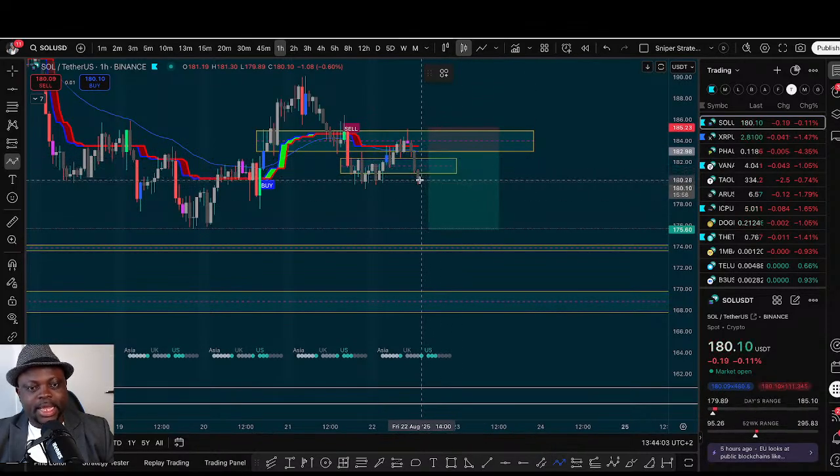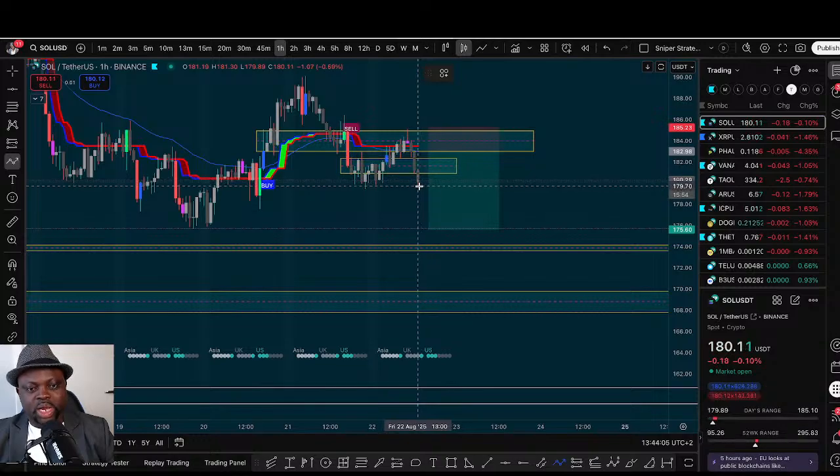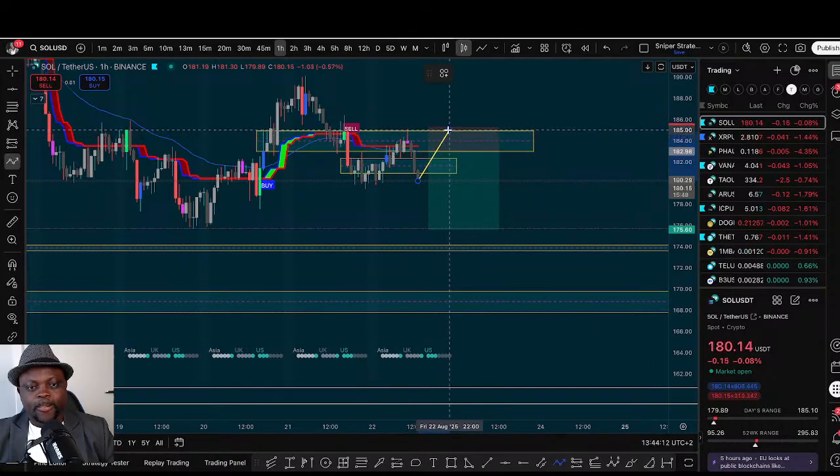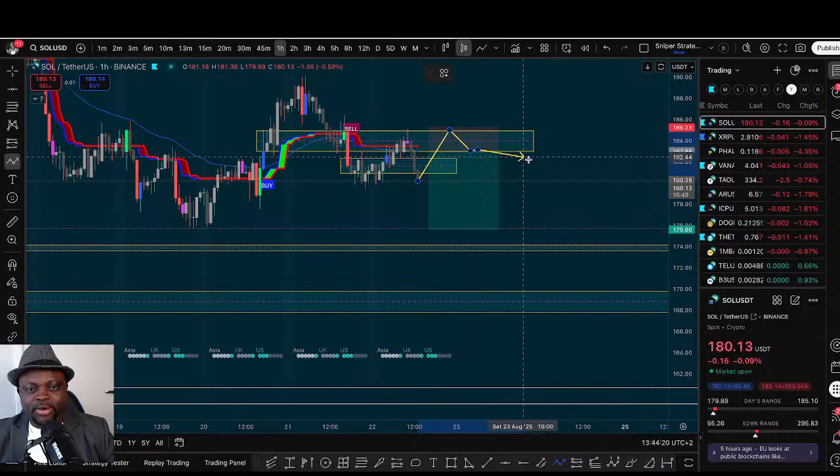You want to see price do something like this from here. Let's say we're not able to break below here. You want to see price get back into that zone, and you're buying there. Sorry, guys, let me take off this.